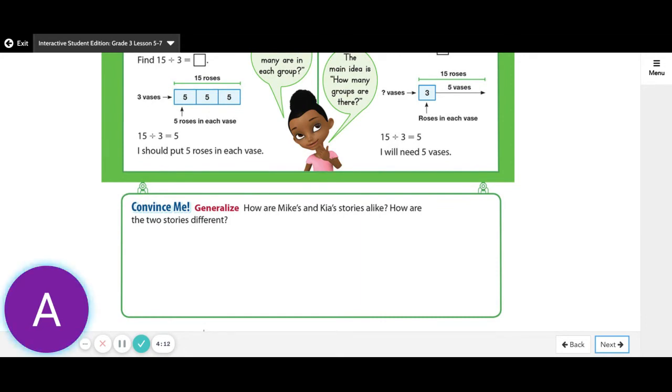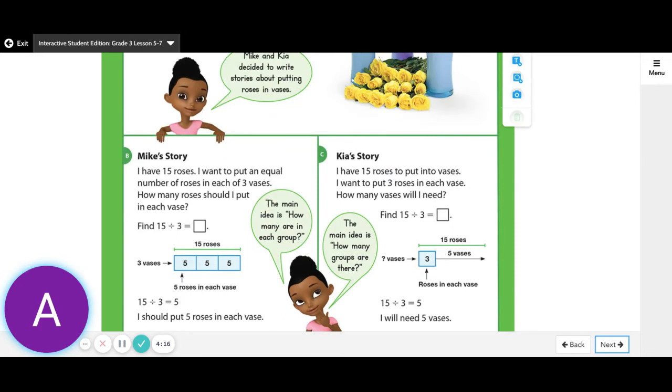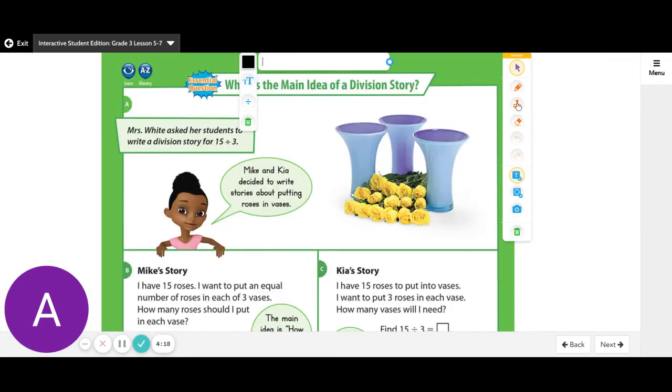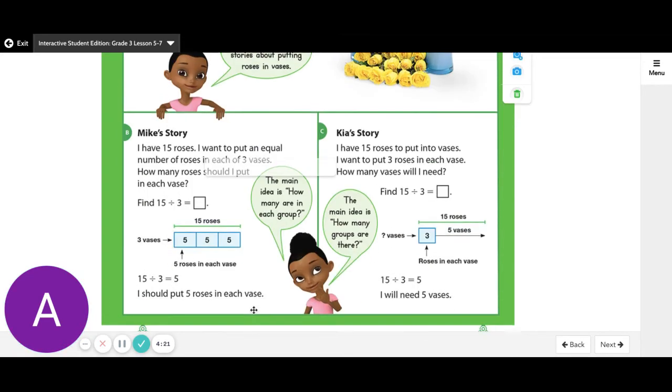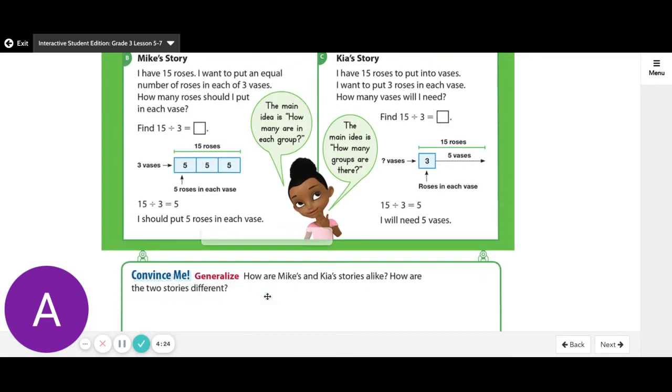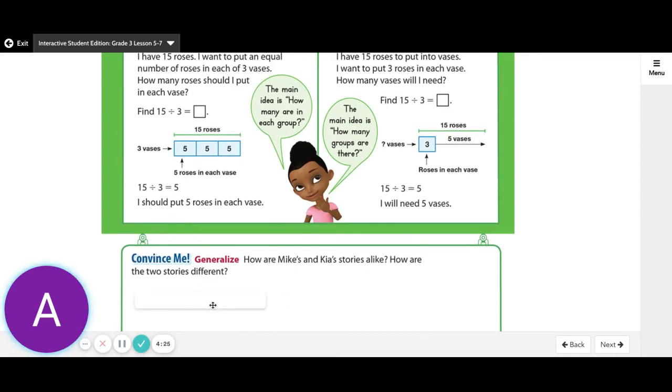Let's look at the bottom. Convince me, generalize. How are Mike's and Kia's stories alike? How are the 2 stories different? So we know that they are the same in the way that they both got 3. They both got 5 for their answer.